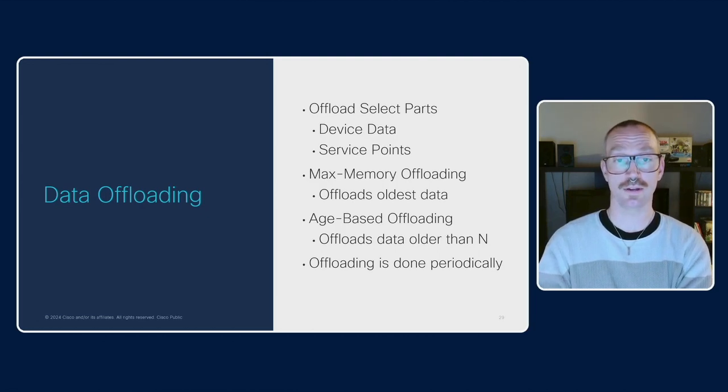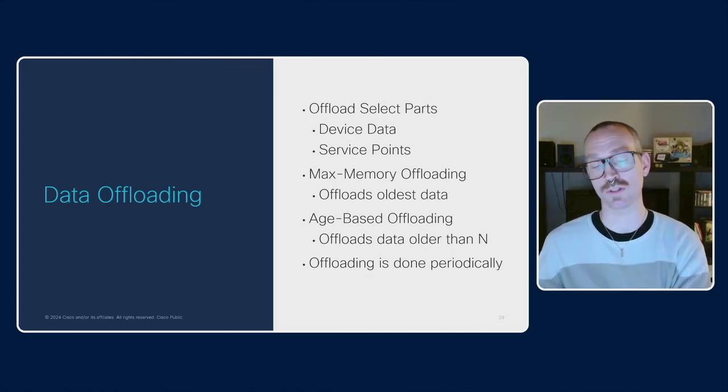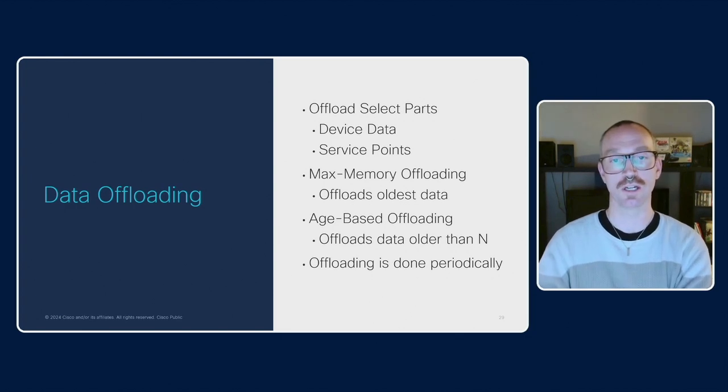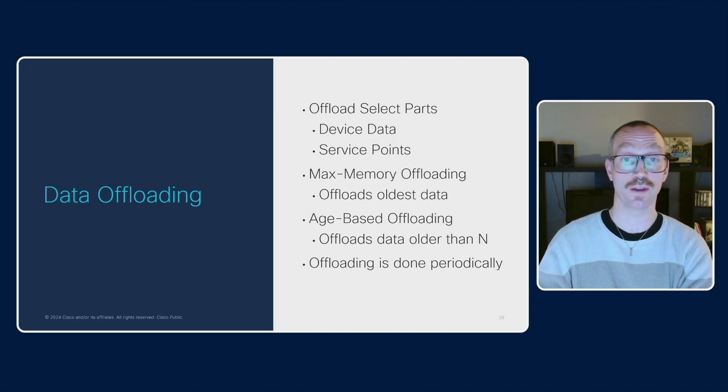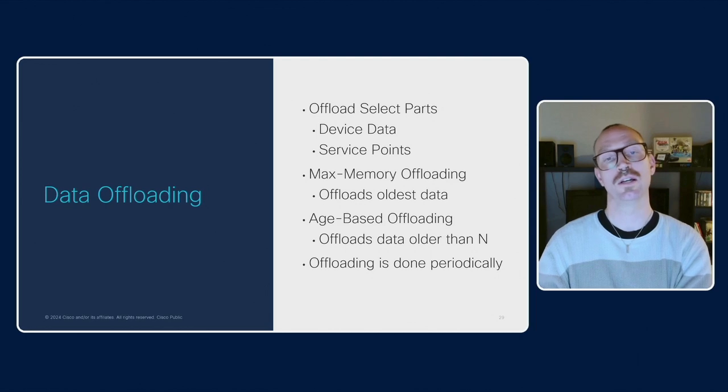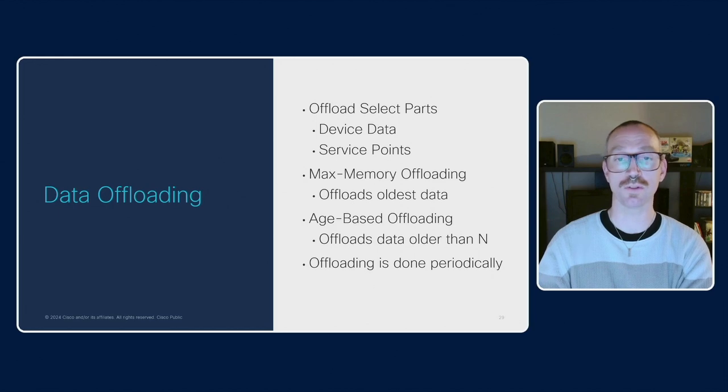And when the CDB memory consumption goes above that threshold, we start offloading the oldest data. That's looking at when the above mentioned offload points were last accessed, and we pick the oldest ones from there and offload. And we keep on offloading until we are below the threshold.